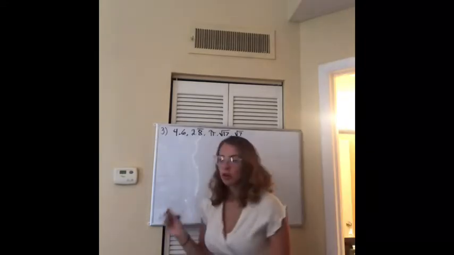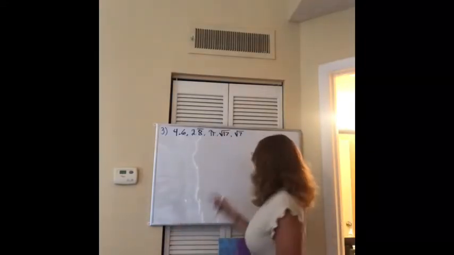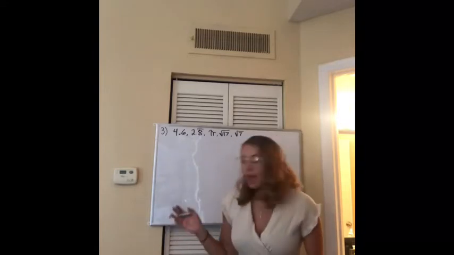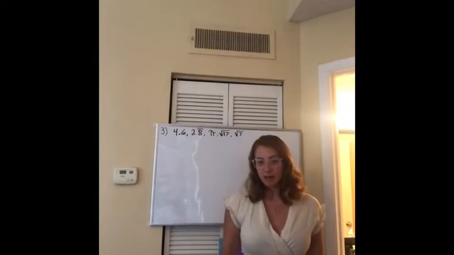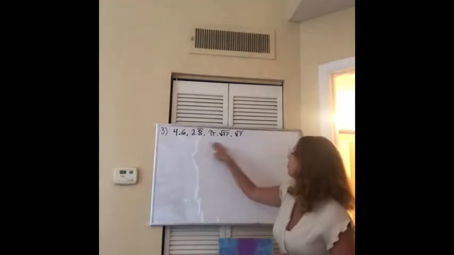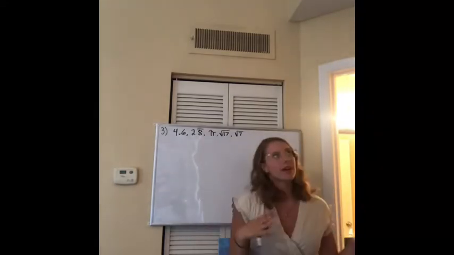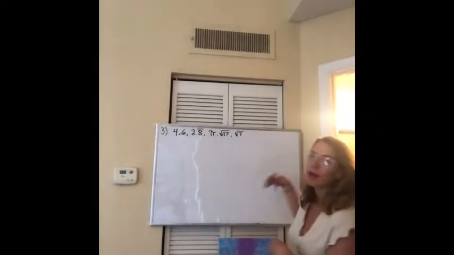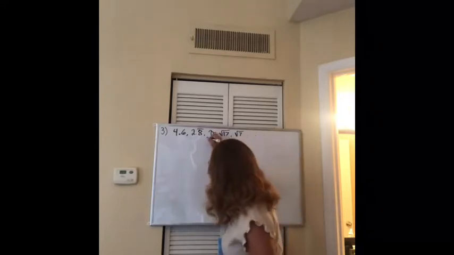Number 3 said to write all of the numbers that aren't decimals as decimals and create a number line and then put all of these on the number line. So the first thing I'm going to do is write them all as decimals. I know that pi is 3.14159, blah, blah, blah, goes on forever and ever. I'm just going to narrow it down to 3.14.